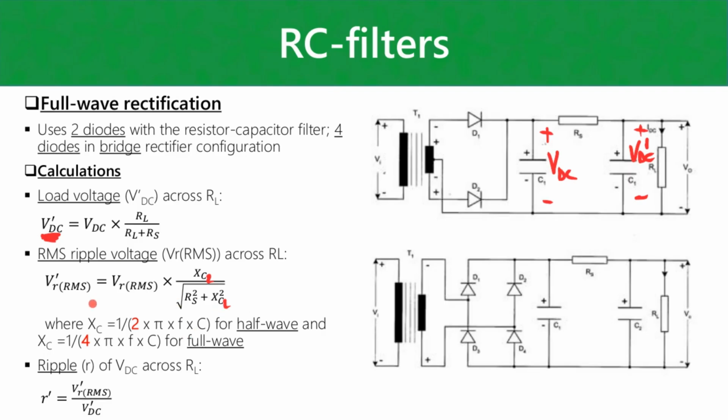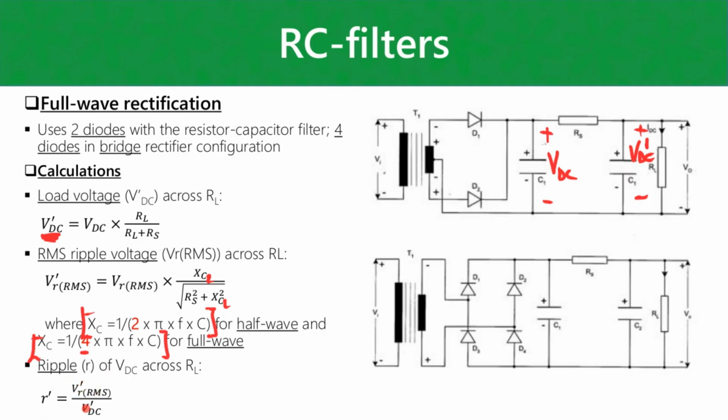For half wave rectification, you use your normal formula for capacitive reactance. For full wave rectification, on the other hand, remember to double your frequency. That's where the 4 comes in. If your line frequency is 50 hertz, you just substitute 50 hertz, and in full wave rectification that 4 already accounts for the doubling, so you don't have to fill in 100 hertz.